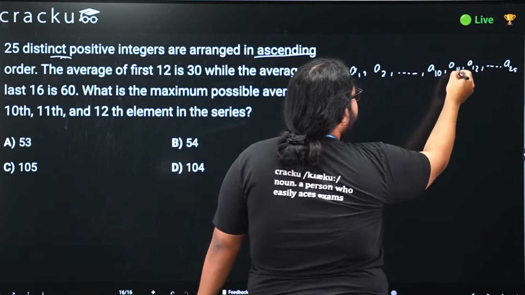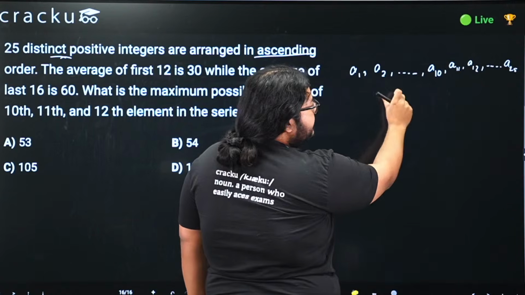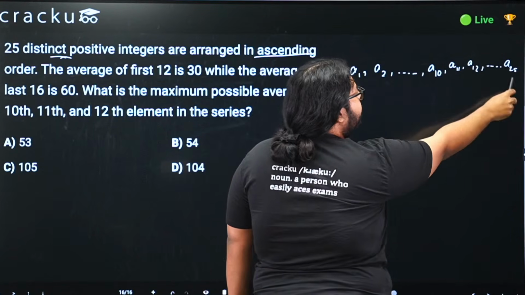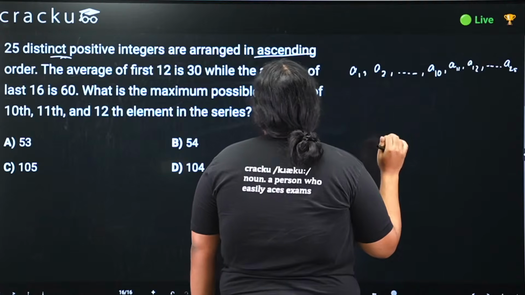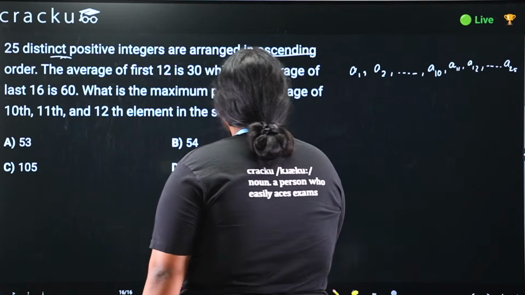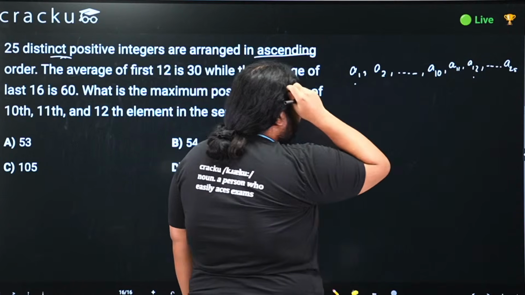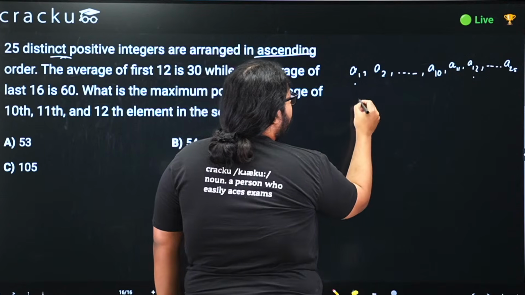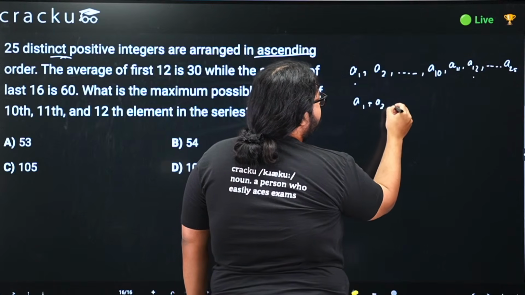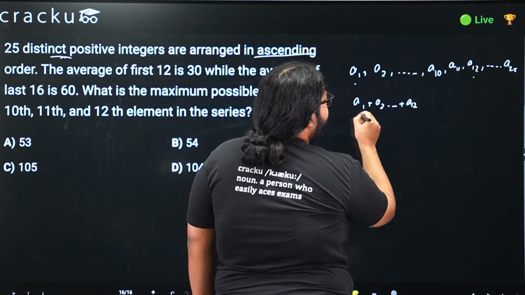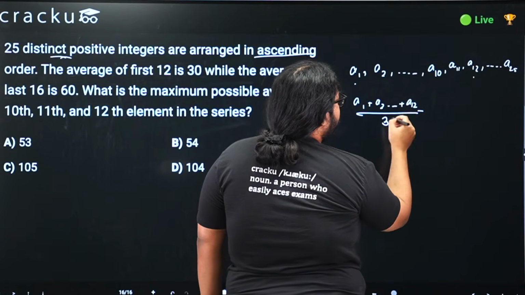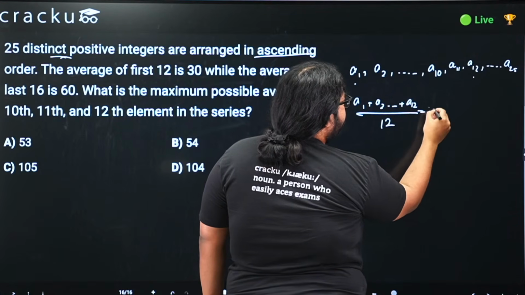So these are the 25 numbers, where A1 is less than A2, less than A3, and so on, meaning the numbers are in ascending order. Average of the first 12 is 30, which means if I add A1 plus A2 all the way up to A12 and divide by 12, that gives me 30.